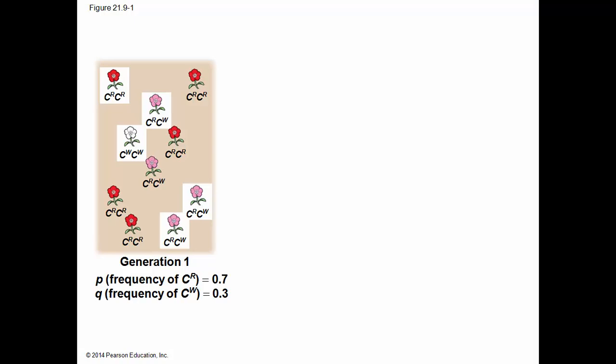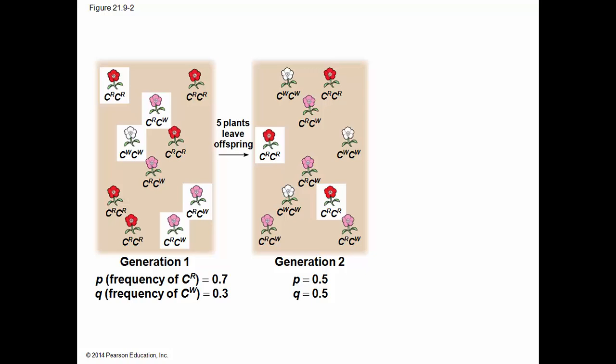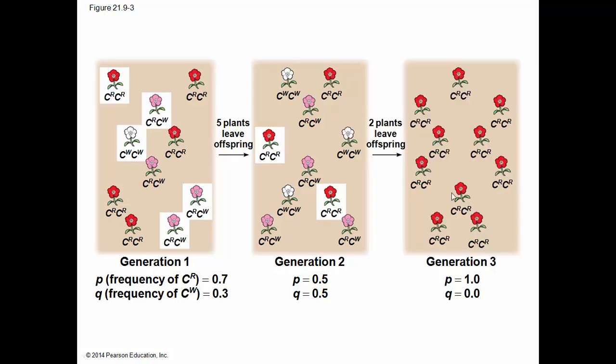Okay, so here's an example of a population. The ones that are highlighted in white are the ones that survive and generate offspring. Those 5 plants leave offspring, and of those 5 plants only 2 survive, and of those 2 that survive, the traits are only the dominant red trait.